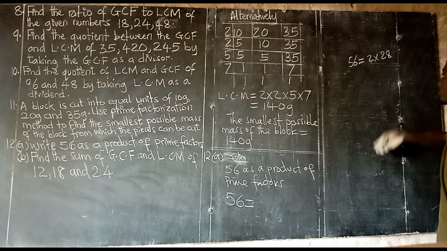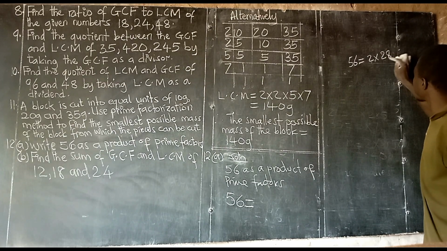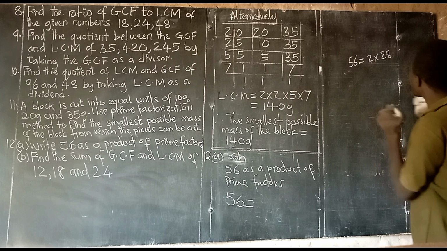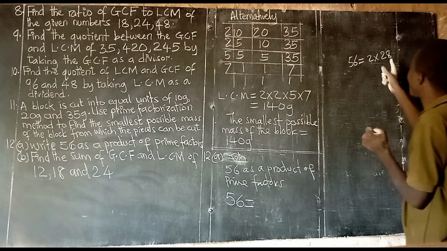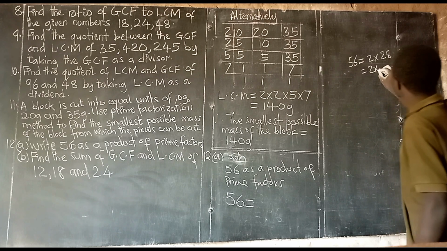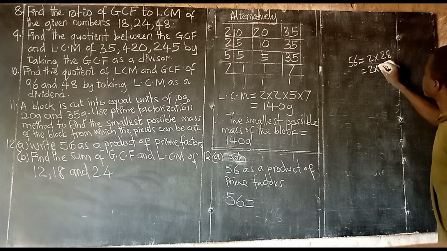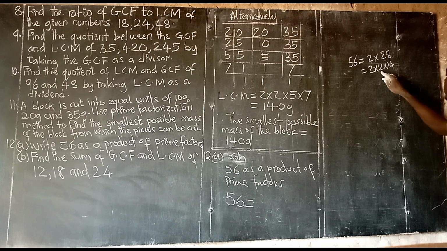But 28 is not a prime number, so let me break down 28 so as to get the small prime numbers which, when multiplied, give us 56. When I introduce again 2, it becomes 2 times 14. You may see 14 times 2, you get 28.